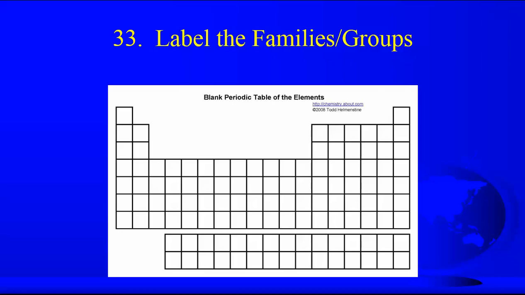First column. Let me get some black ink. Alkali. Very reactive, desperately wants to give away one electron. So dangerous that if you come in contact with it, it'll give you an electron.